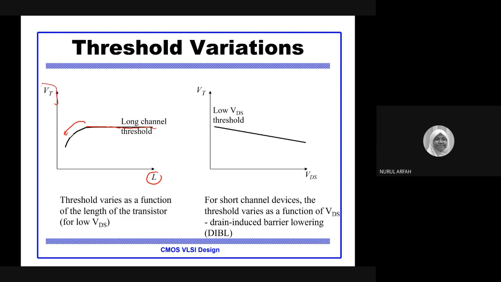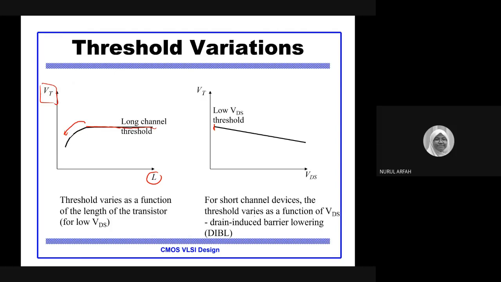What is reduced? The threshold voltage. So the threshold varies as a function of the length of the transistor for low drain source voltage. If you look at the right side, for the lowest VDS, or drain source voltage, you will have the highest threshold voltage.